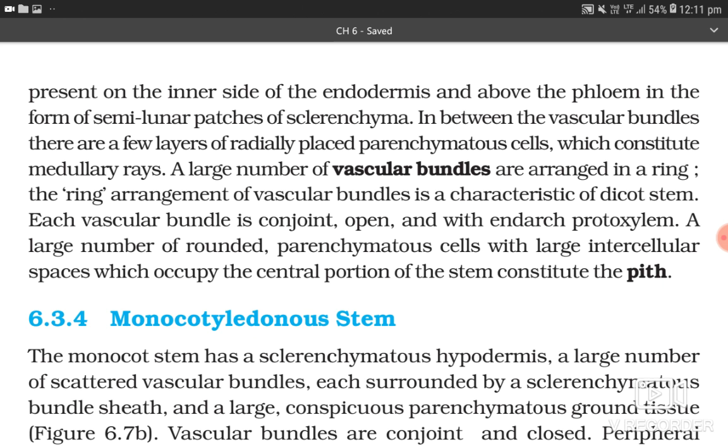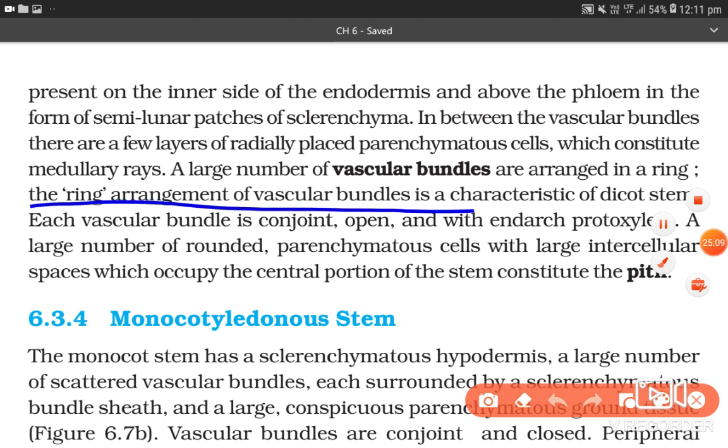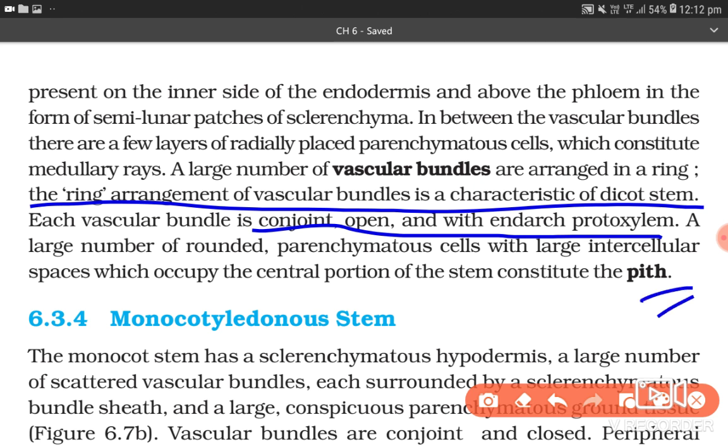The ring arrangement of vascular bundles is a characteristic of dicotyledonous stem. Each vascular bundle is conjoint, open, and with endarch protoxylem. A large number of rounded parenchymatous cells with large intercellular spaces, which occupy the central portion of the stem, constitute the pith.